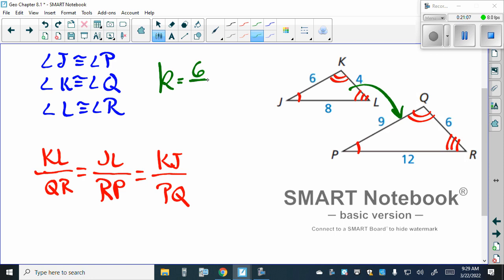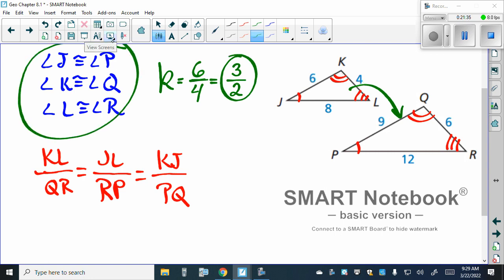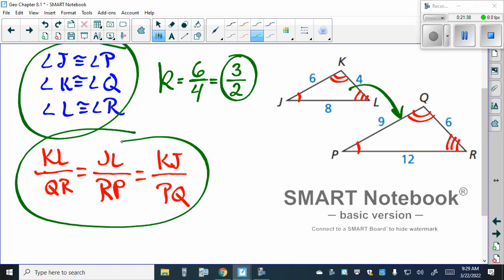Where we're coming from should be the one on bottom. And its corresponding side would be 4. Because we would put the new side length on top, guys, and the old side length on bottom, and then we would reduce it. So this would reduce to 3 over 2. So our scale factor would be 3/2. We would have our congruent sets of sides and our corresponding sets of angles. Any questions on this here?